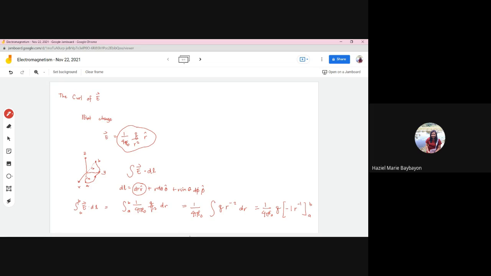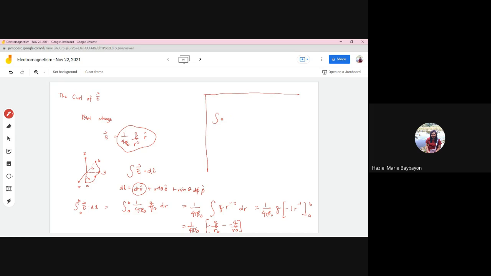Okay. So this is equivalent to 1 over 4 pi epsilon naught, you have negative q over r sub B minus negative q over r sub A. So we can further write this, let us write it quickly, class.